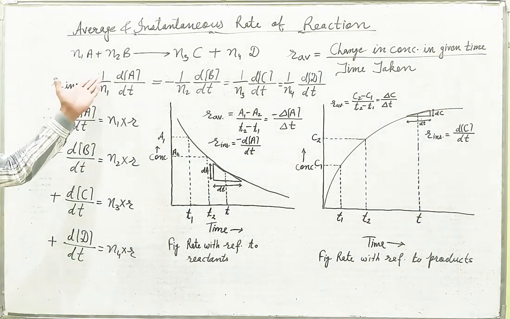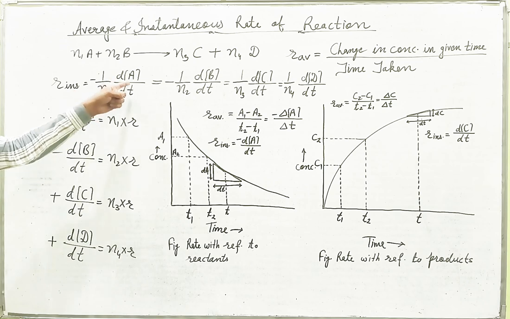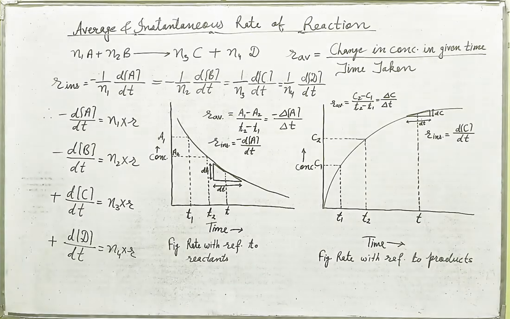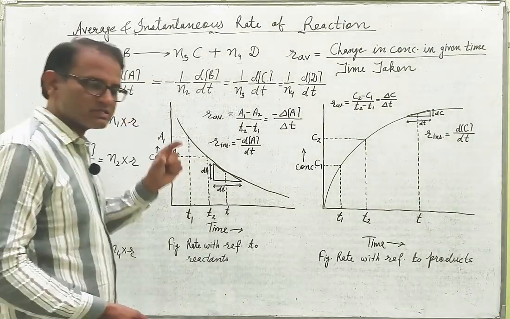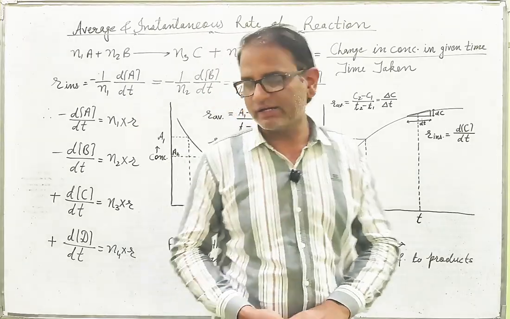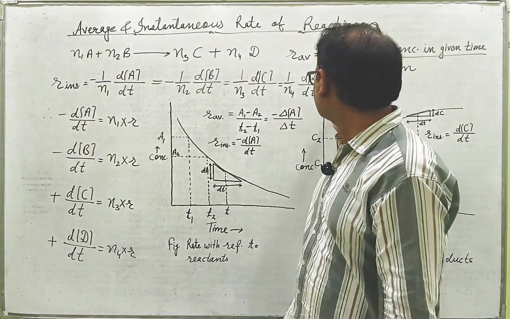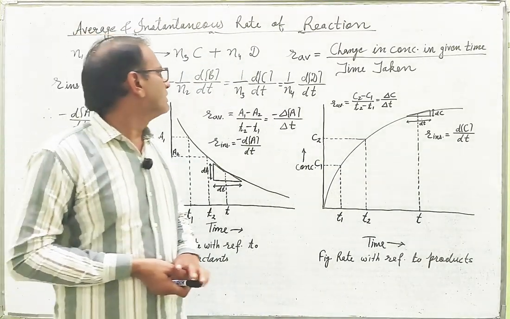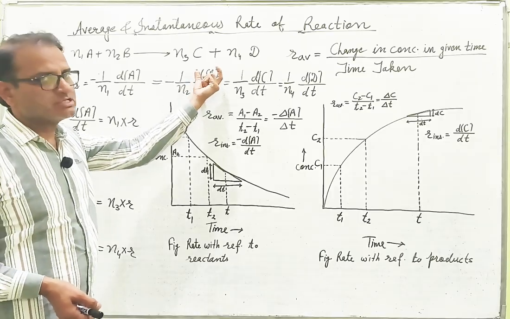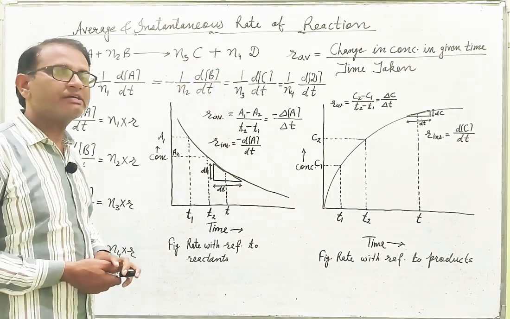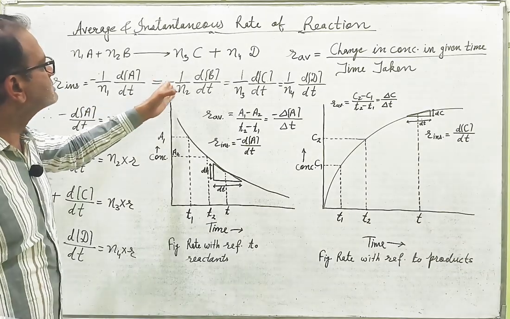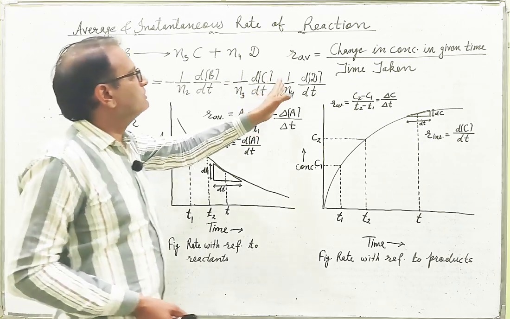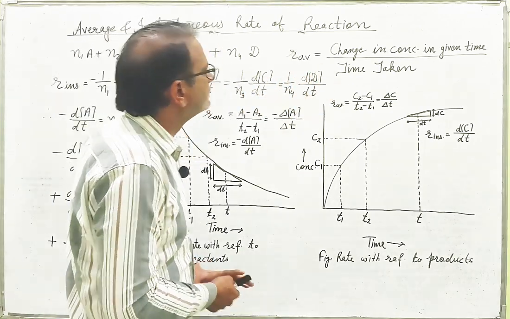That will be equal to minus 1 by n1 dA upon dt, where dA is the small change in the concentration of A, and dt is the small change in time. Delta means a bigger change. But if you write d, dA upon dt means small change in concentration and small change in time. Likewise it is equal to minus 1 by n2 dB upon dt, which will be equal to 1 by n3 dC upon dt, and equal to 1 by n4 dD upon dt.